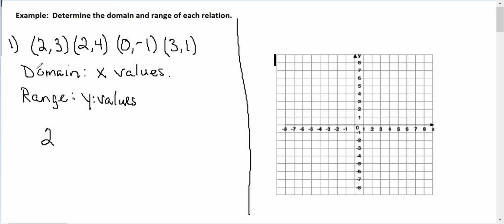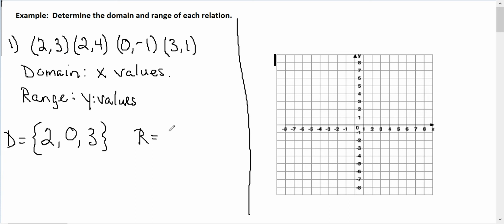Okay, so what I want to do is just write this as 2, 0, and 3. And I'll put it in braces, and that signifies that this set of numbers is the domain. Okay, so I could say D for domain equals this, range R equals, and this will be all the y values.